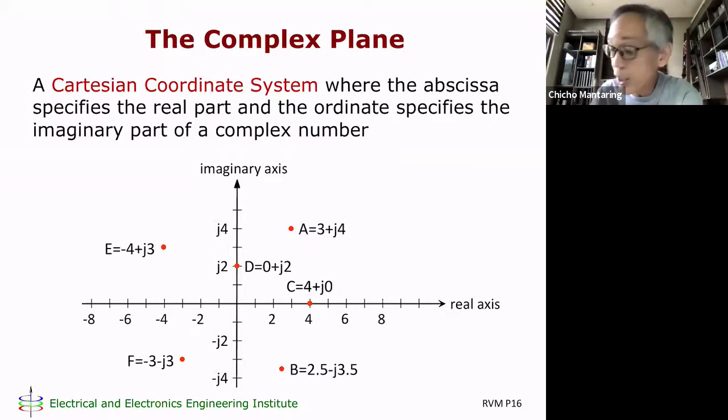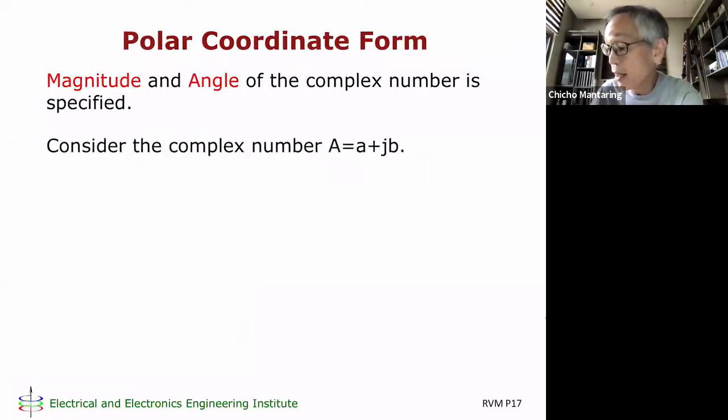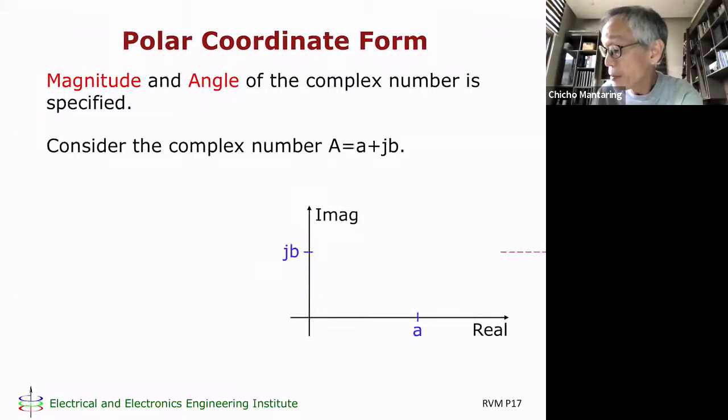This is your Cartesian coordinate system where you have a real axis and an imaginary axis. And then you should be able to express your complex number also in polar form, magnitude and angle. So if this is your complex number A, which is equal to small letter a plus jb, you should be able to express that as a magnitude and an angle.